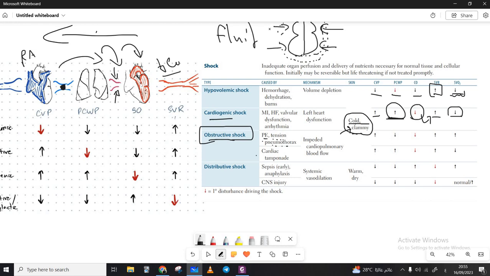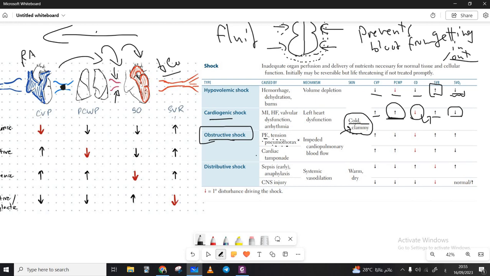Since it pushes on all of the chambers, it actually prevents blood from getting in or getting out. So it prevents both, getting in and out. So let's just keep it right here and then get back to it after we finish this.